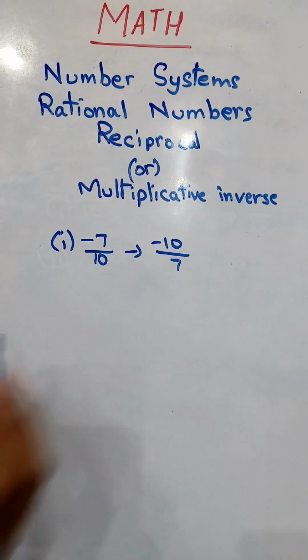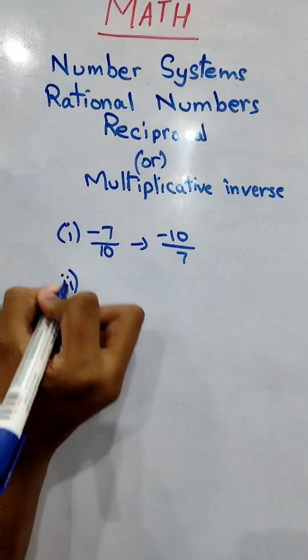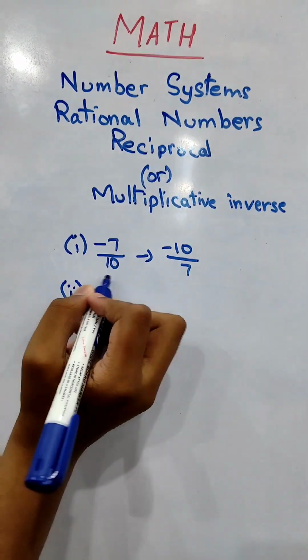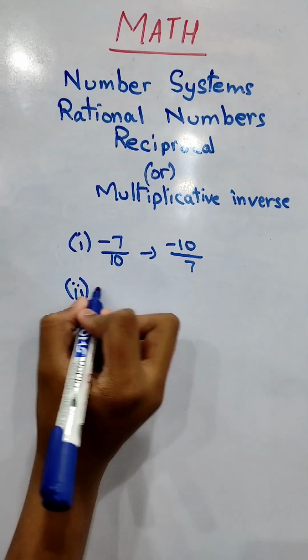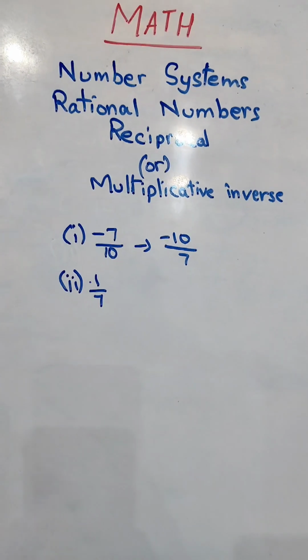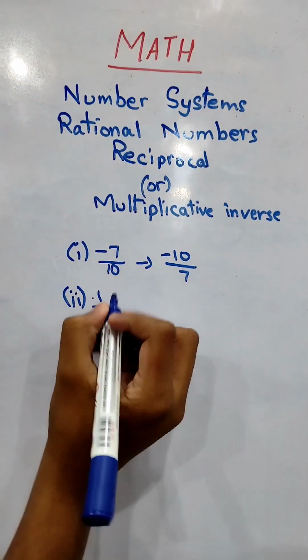But a second example that I'll be taking for reciprocalizing will be 1 by 7, as we have taken earlier for the second example for addition.